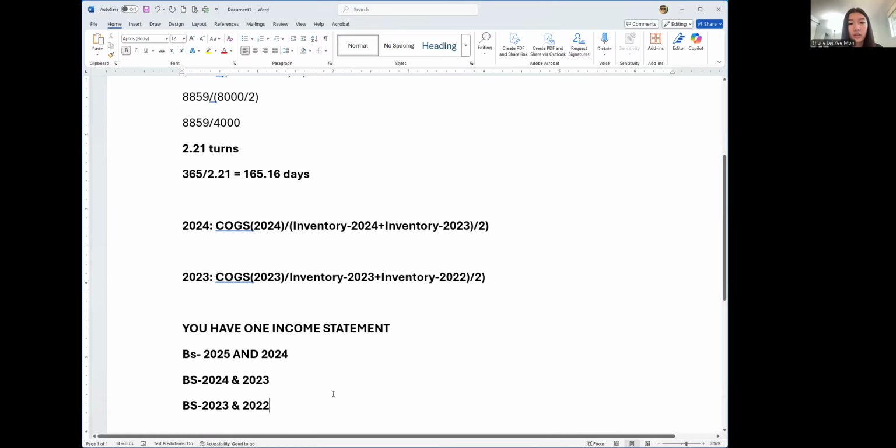The inventory turn calculation is why you have to have that 2022 balance sheet, because we need that data here. And it's how we do averages in all of our ratios.